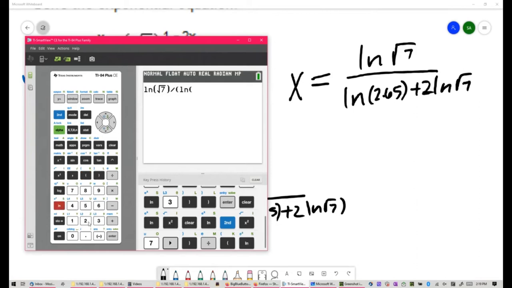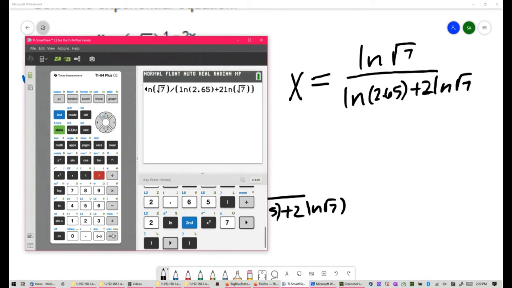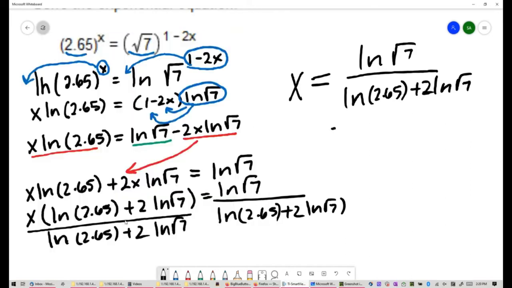It's natural log of 2.65 plus 2 natural log of square root 7. And I'm going to close parenthesis for the log and close parenthesis for the denominator. And we get 0.3331. Let's round that up to 0.3332.